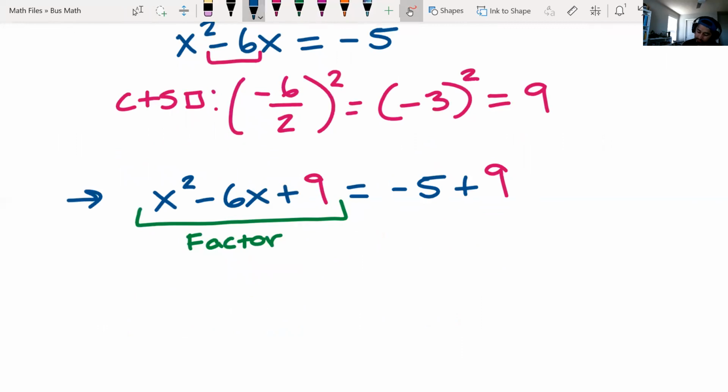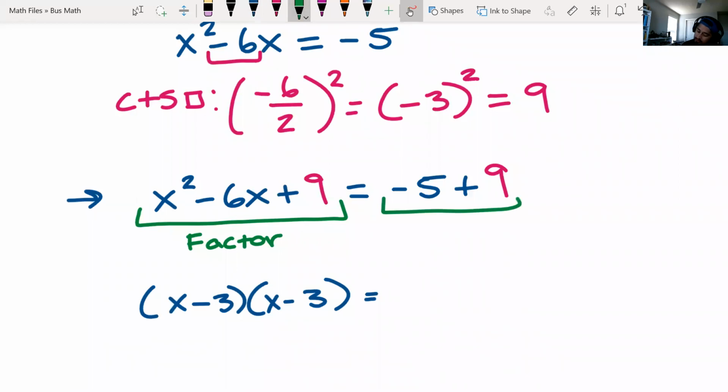And this will factor to x minus 3 times x minus 3. And then, like I said, you factor the left and you simplify the right side. So negative 5 plus 9 gives me 4.